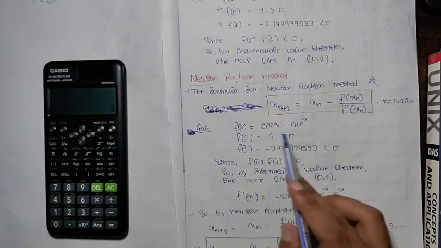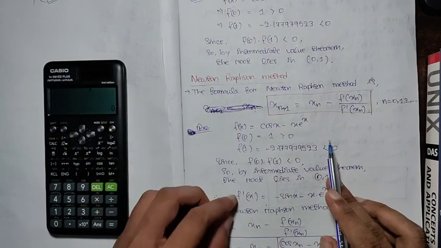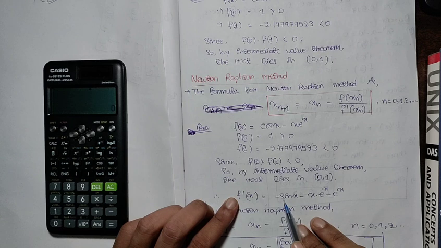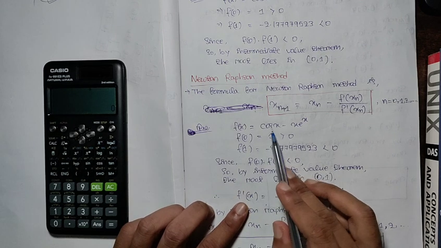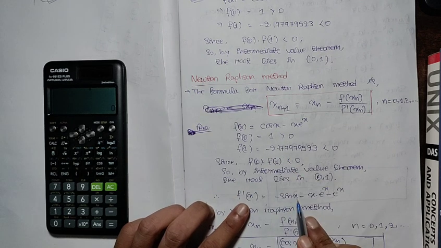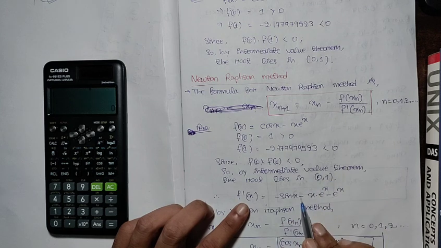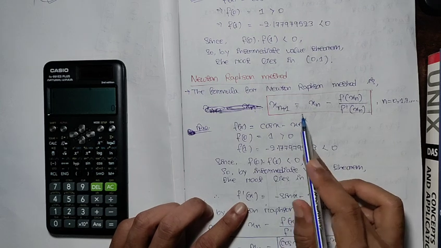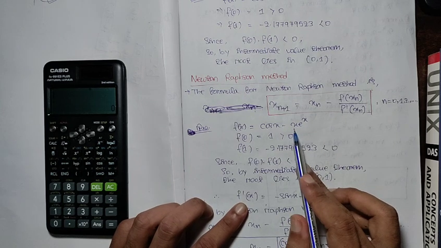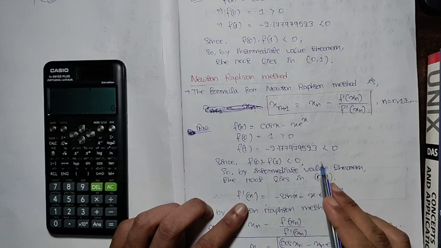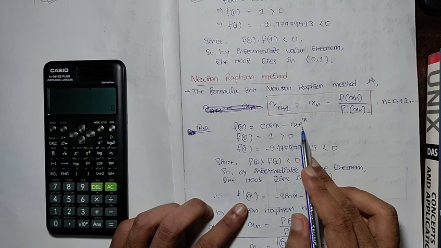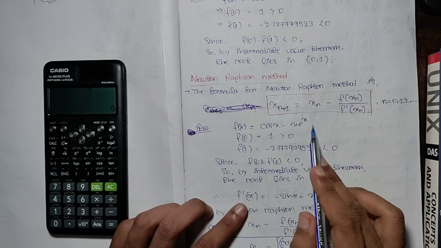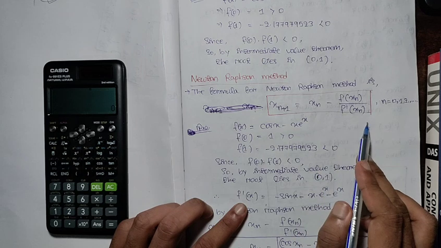So what is the dash? Here is f of x, then you should find the derivative of f of x, that is f dash x. So the derivative of cos x equals minus sin x, and here the minus stays as it is. Then the derivative of x e to the power x. Apply the product rule formula for u v: u into dv by dx plus v into du by dx.